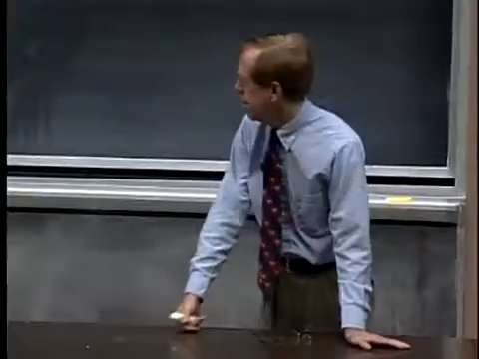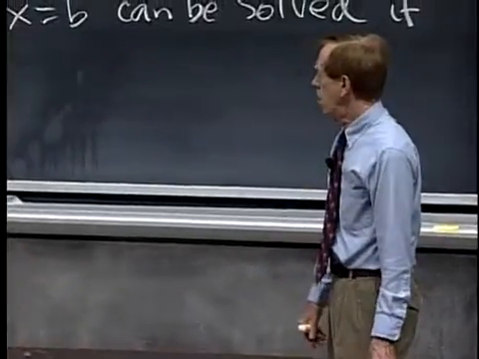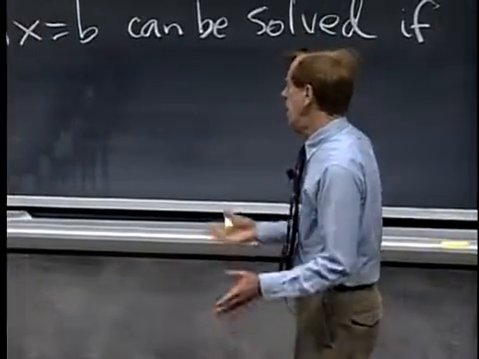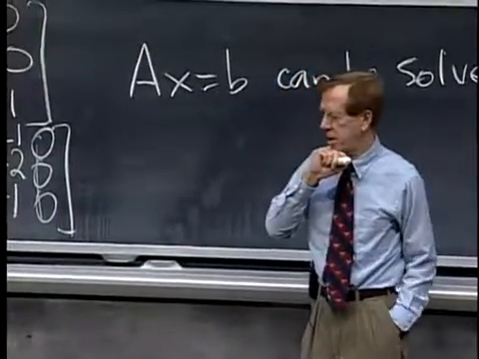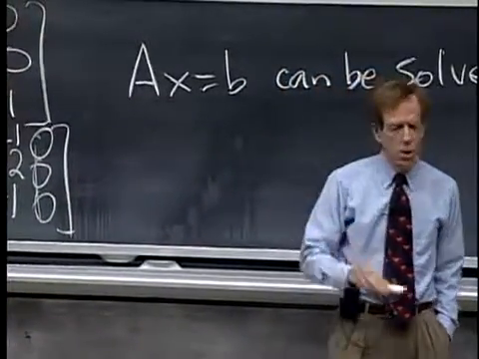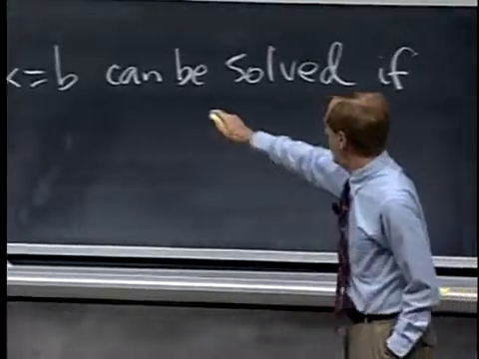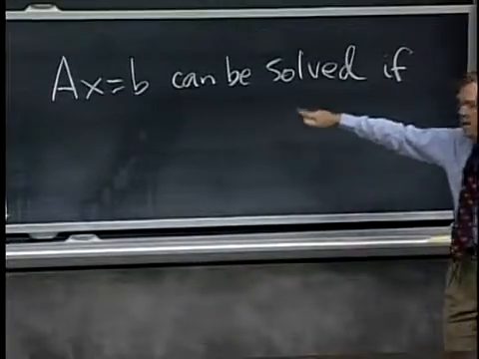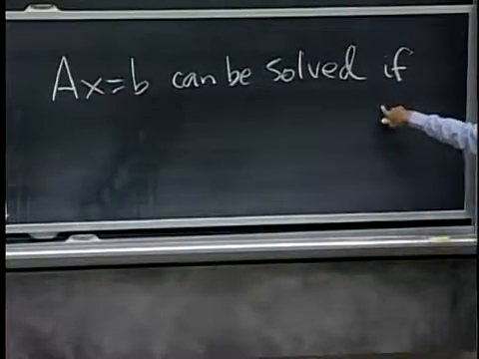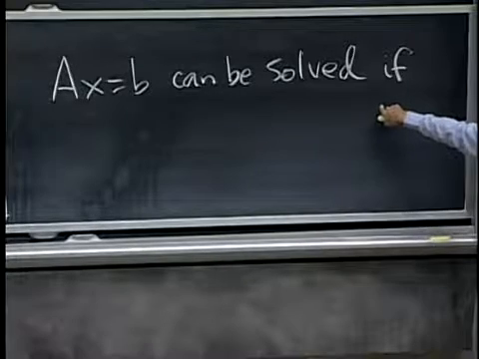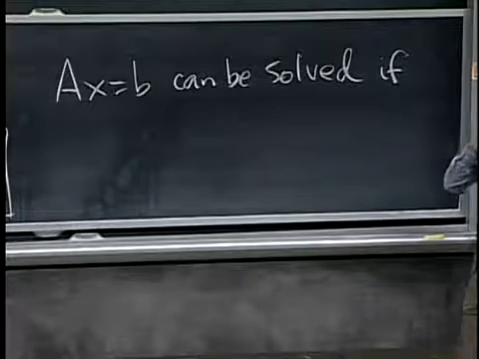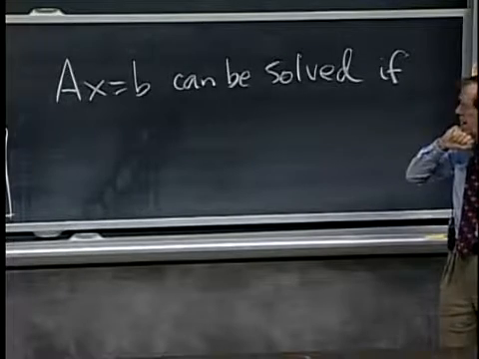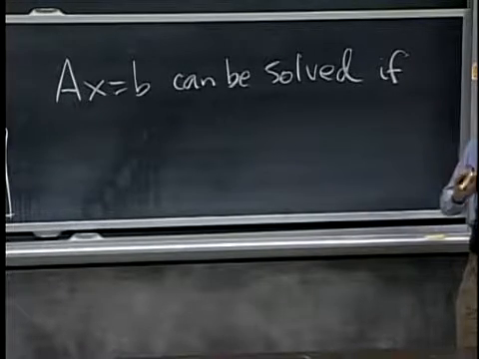No, definitely not. When could it be solved? I actually say in the exam, don't just tell me if B is in the, and what does the exam say there? In the column space, because I do know that it can be solved exactly when B is in the column space.